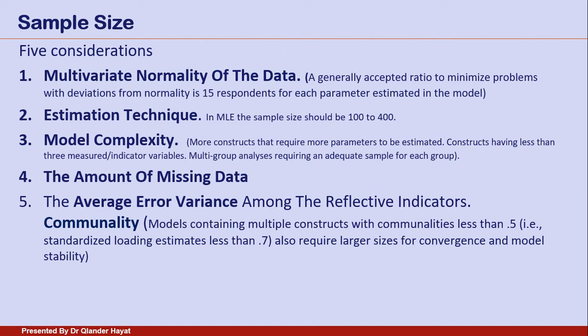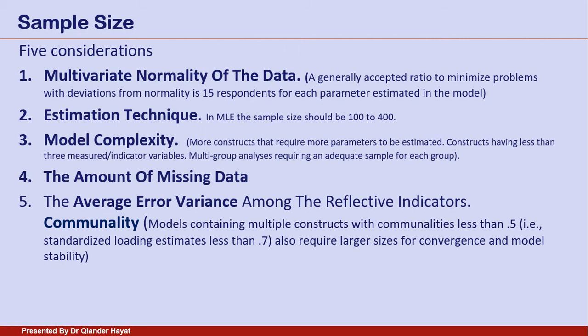If your data is deviating from multivariate normality, then you have to see the ratio of deviation and the ratio of respondents for each parameter estimated in the model. For example, if you are going to estimate 2 parameters, then you should have 30 respondents.